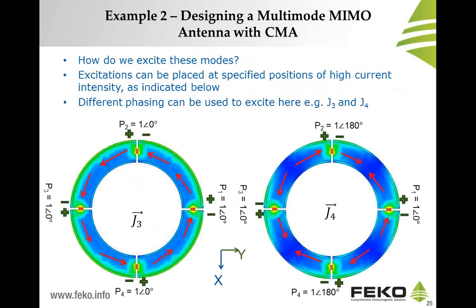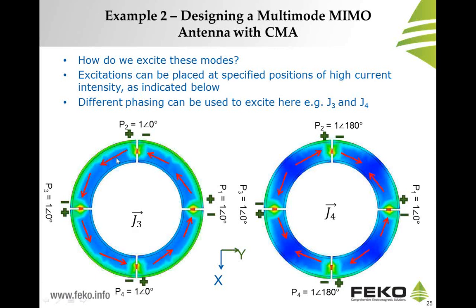Before we go into the details of how to go about that, a question that typically pops up when considering CMA is how do you excite these modes in any case? For this type of structure, when we do a CMA analysis, we can identify certain current maximums at locations. This is exactly where we can place our feeds, that is, at places of high current intensity.